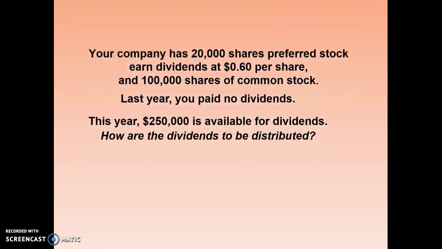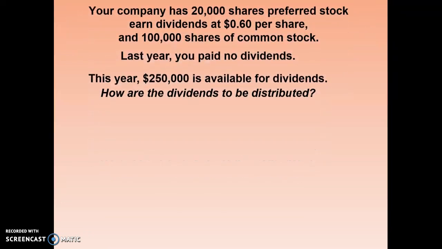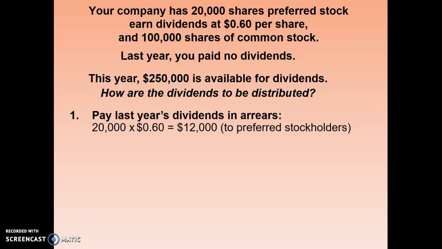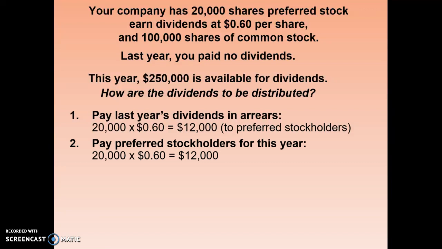So first we have to go back and pay for last year. So last year's dividends, take your 20,000 times the 60 cents to get $12,000 that has to be paid to preferred stockholders. We also then have to pay the preferred stockholders $12,000 for this year.